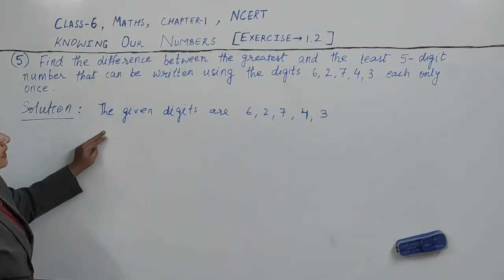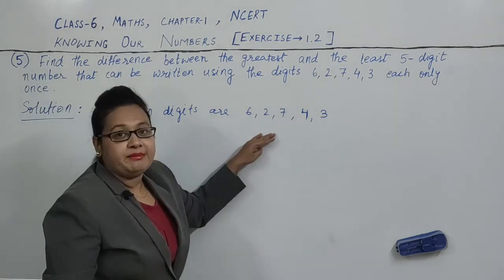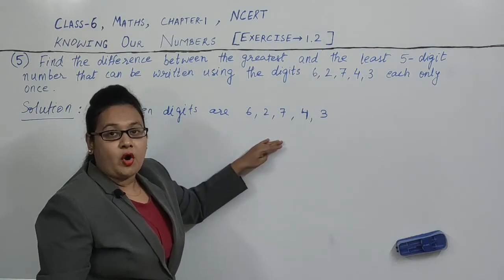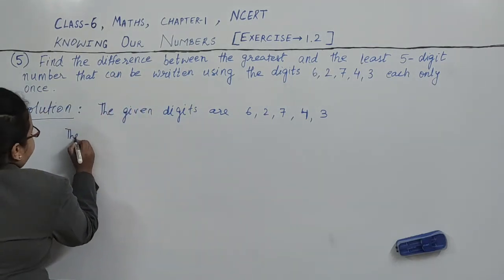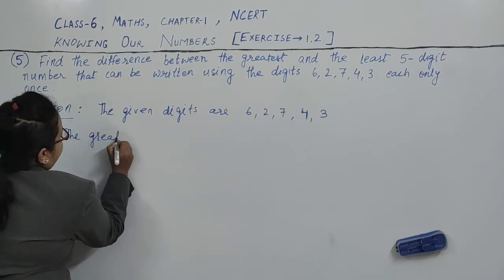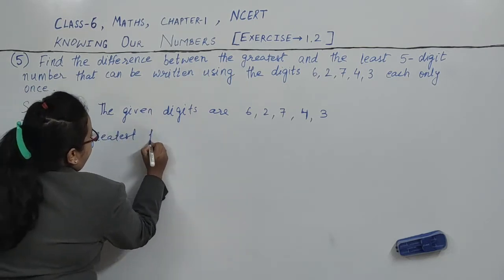So what will be the greatest 5-digit number out of this? How will we form the greatest 5-digit number?